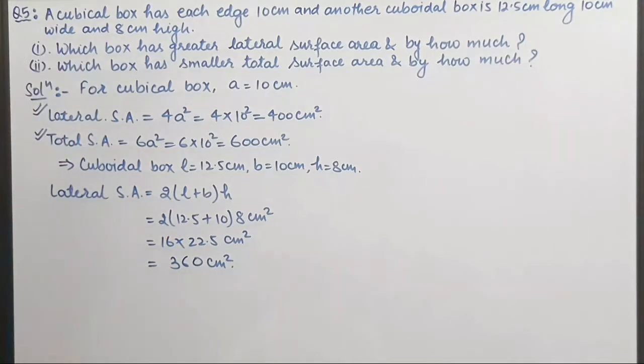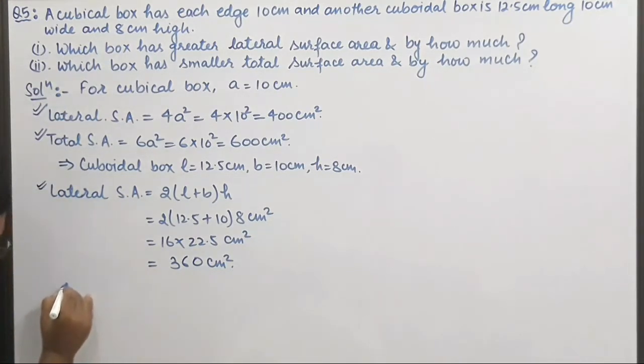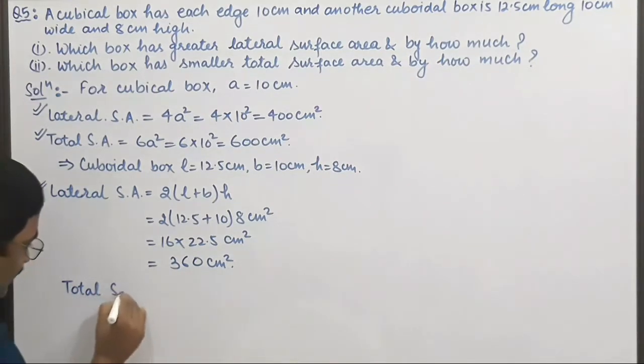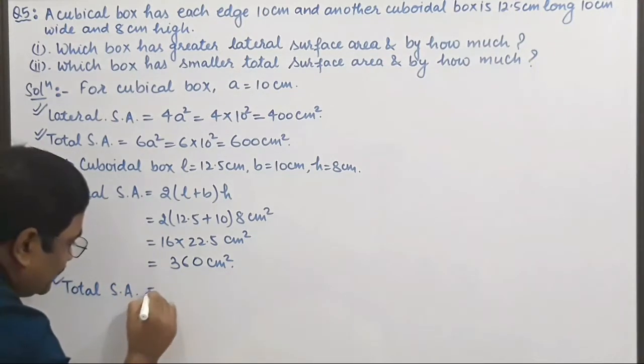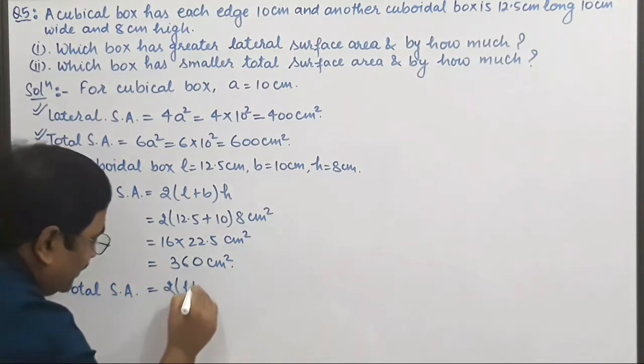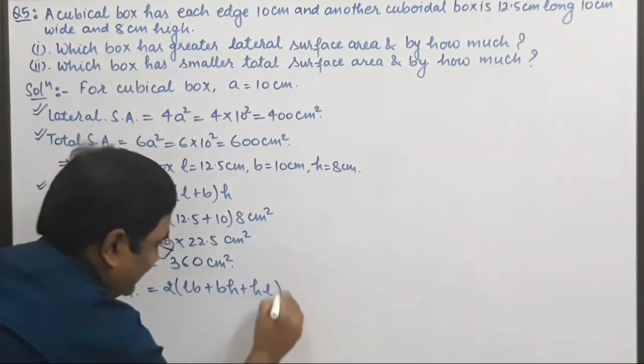Now we need to find out the total surface area of this cuboidal box. So total surface area of cuboid is equals to formula 2 into lb plus bh plus hl.